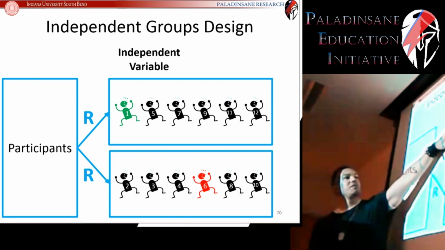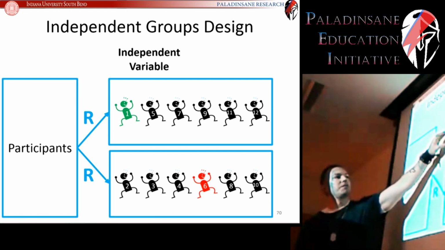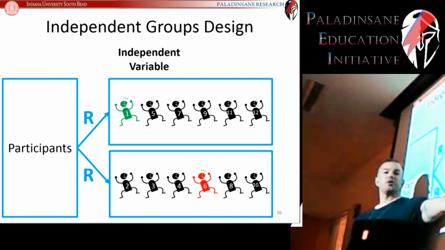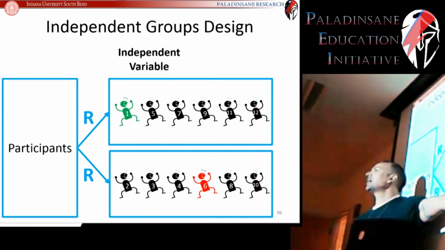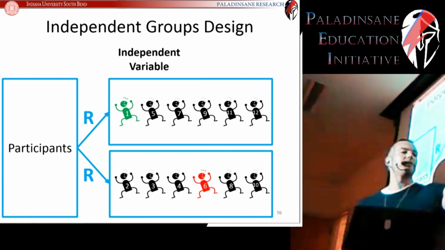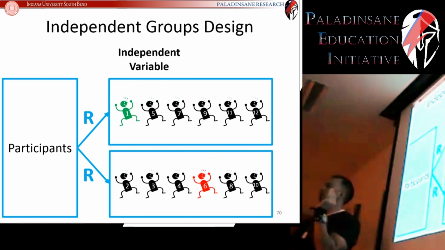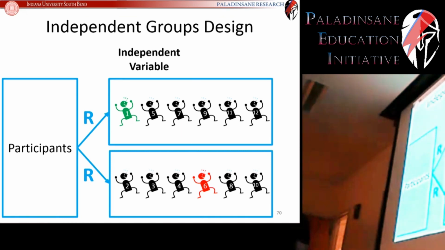So this incredibly violent individual here will affect the average for this group. Let's say that this individual is very passive. This very passive, non-violent individual here will affect the average for this group. And it's going to skew your results, not because of your independent variable, but because of your individual subject characteristics.